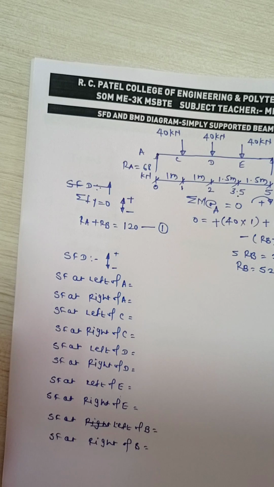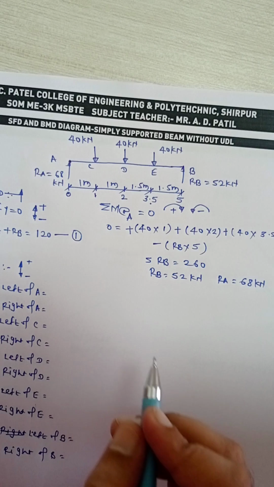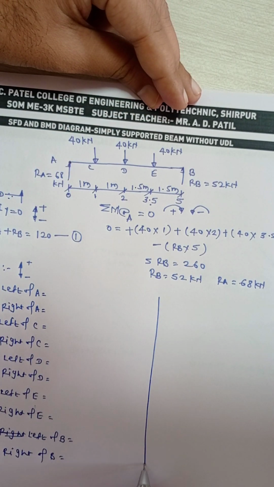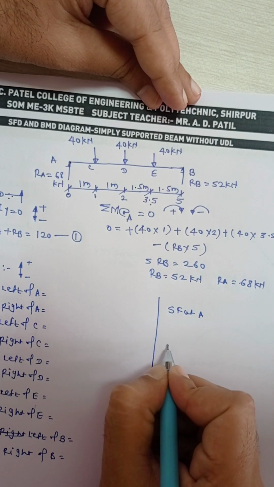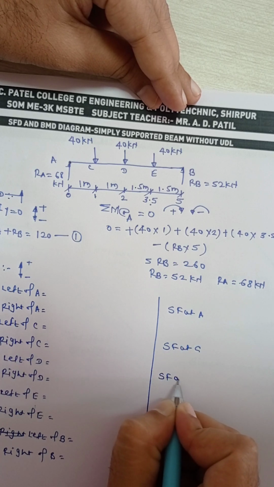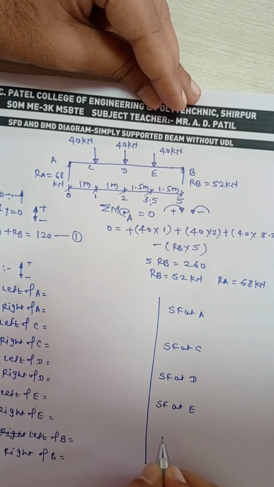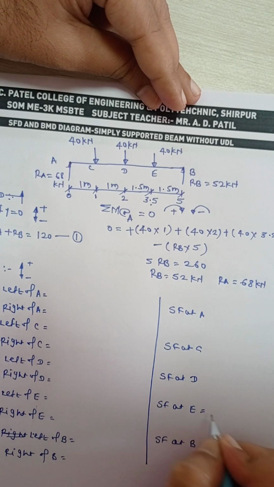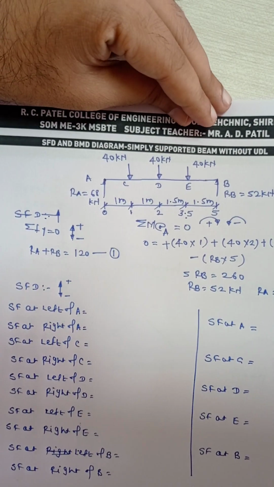But if there is no UDL in the numerical, apply the concept as I am writing now: SF at A, SF at C, SF at D, SF at E, and SF at B. So the number of steps is directly reduced in the second method.